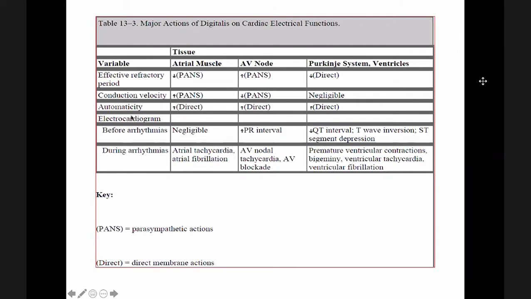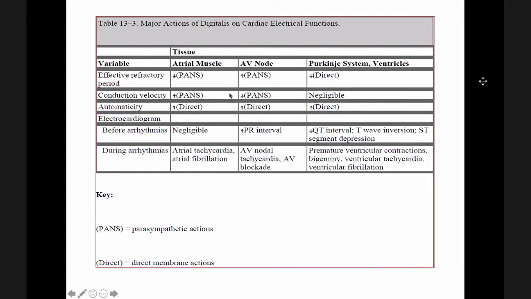So these are some of the effects caused by your digitalis. It has effects on your effective refractory period, the conduction velocity, and the automaticity of the different tissues like your atrial muscle, the AV node, as well as your Purkinje system and the ventricles.